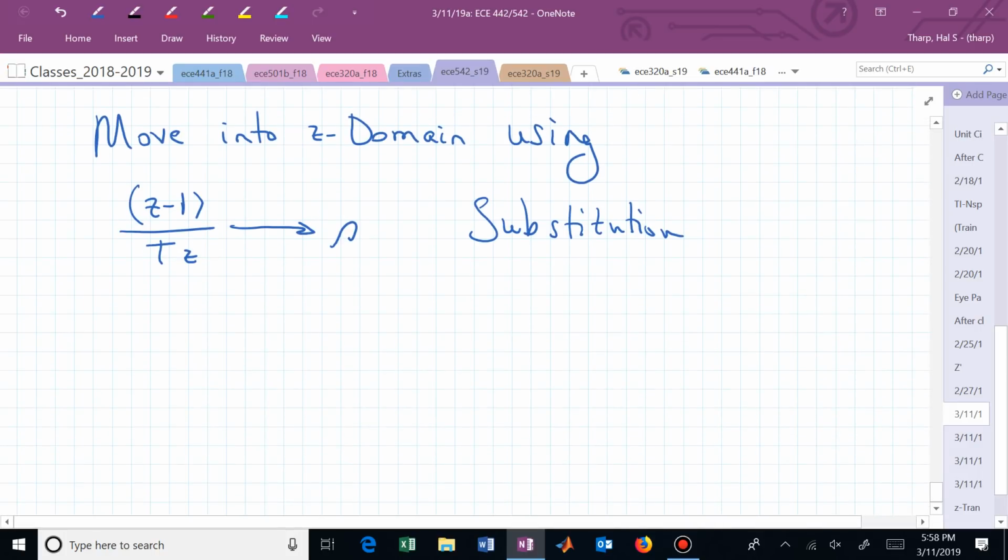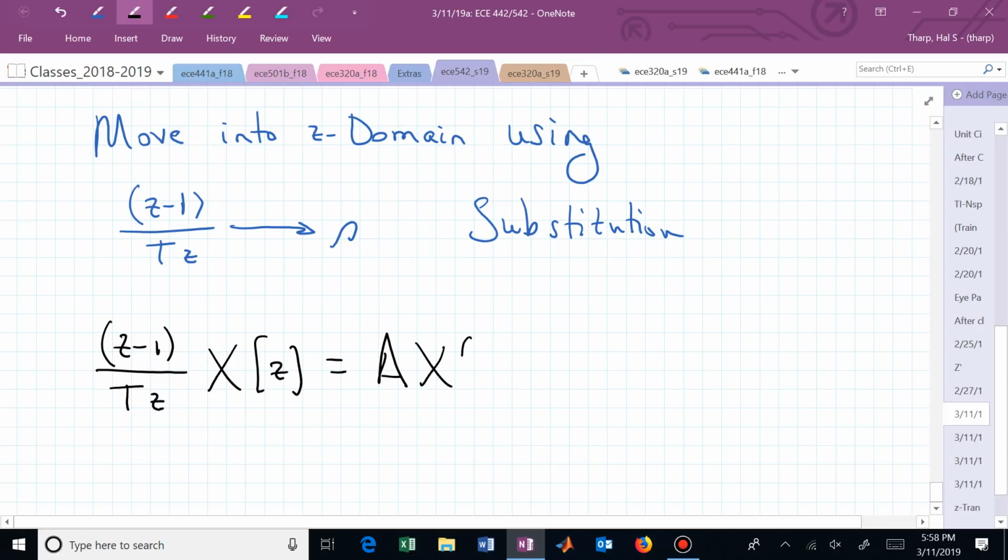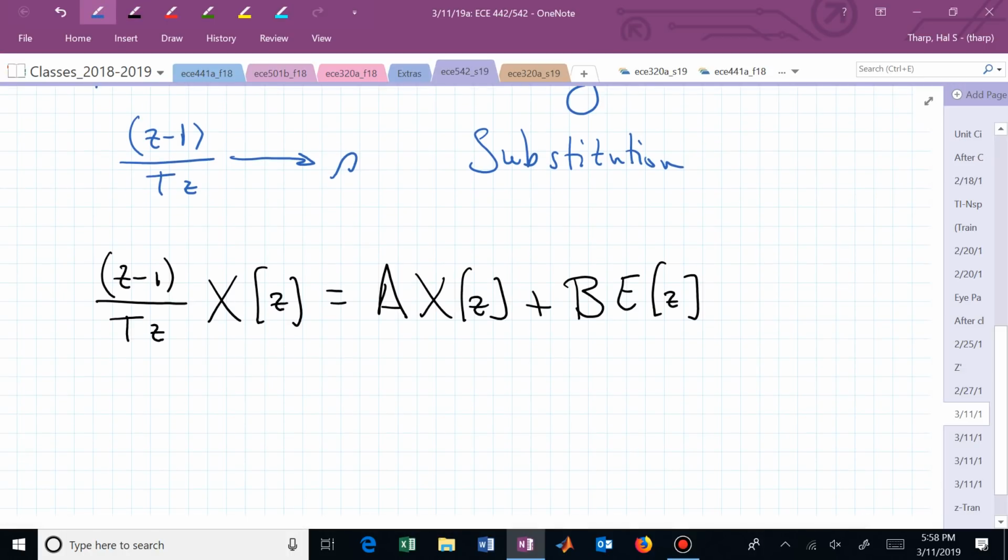And we've already found the Laplace of our continuous time state space representation. We now have Z minus 1 over TZ times capital X of Z equaling A X of Z plus B E of Z. All we've done now is replace what was in parentheses S with Z minus 1 over TZ.